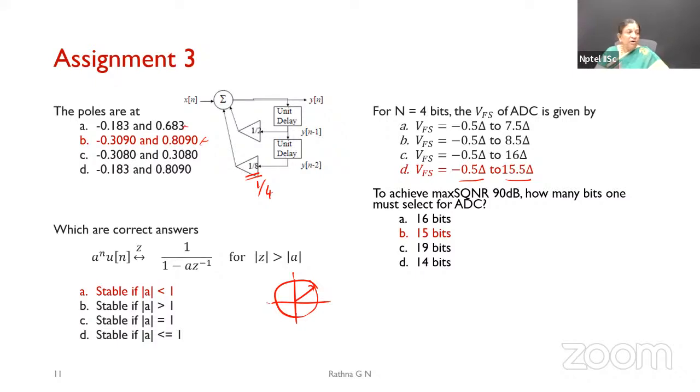To achieve a maximum SQNR of 90 dB, how many bits must one select for the ADC? We have the equation. When you substitute in that, we'll be getting 14 point something, so B plus 1 will be 15 point something. We discard the decimal points, so 15 bits is the correct answer.